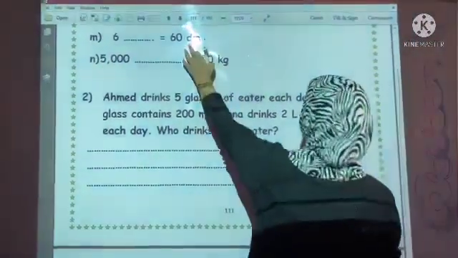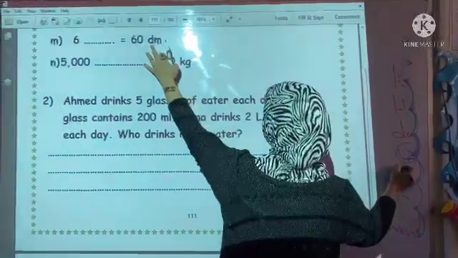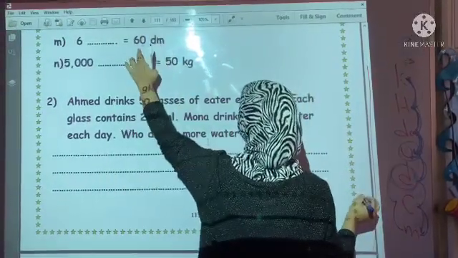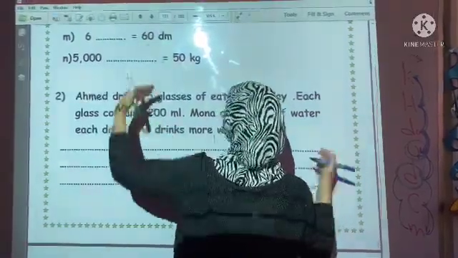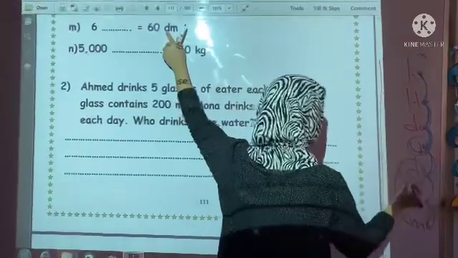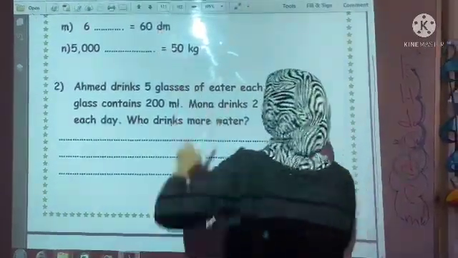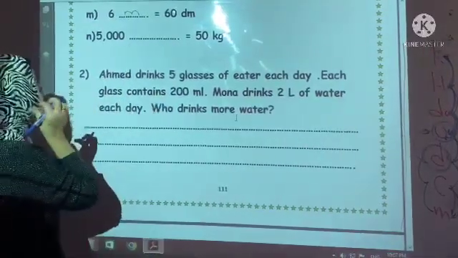So I will go to decimeter. Decimeter, I eat 1 zero. It's 6 without this 0, that means I eat this zero, that means I make it divided. So divided what? I will go one step backward to be meter. So 6 meters equals 60 decimeters.